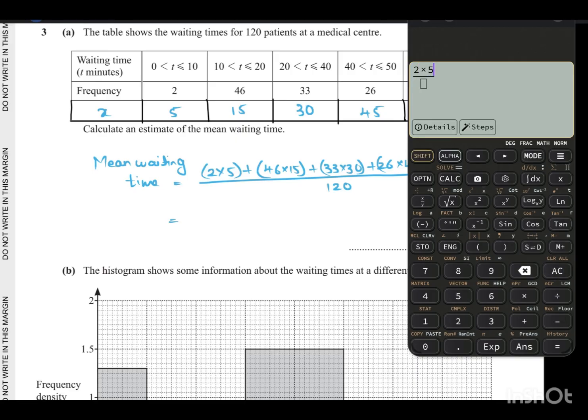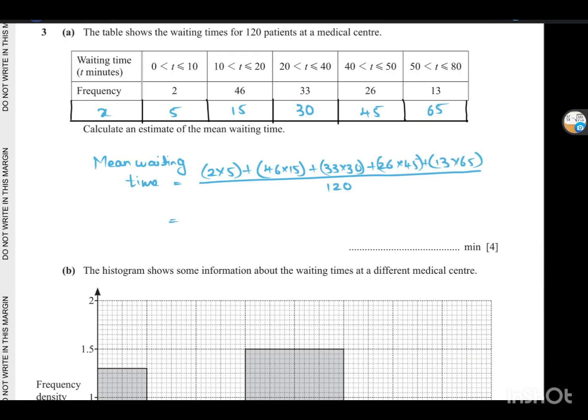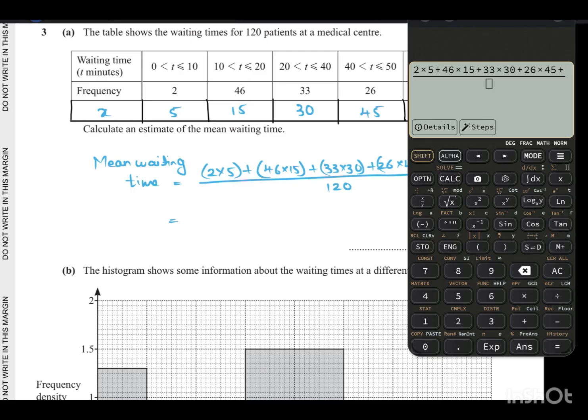2 into 5 plus 46 into 15 plus 33 into 30 plus 26 into 45 plus 13 into 65, and the denominator is 120.